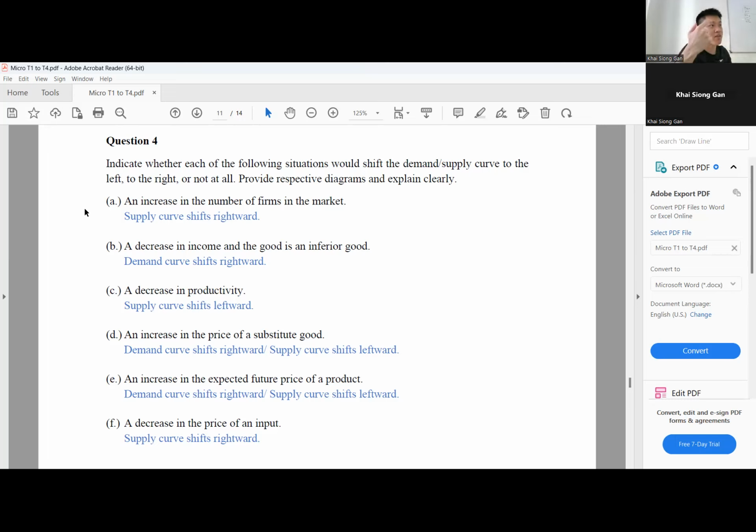Let's say the first scenario, a rise in taxes on products. Now remember, if I say taxes, taxes usually affect producers unless I say income tax.